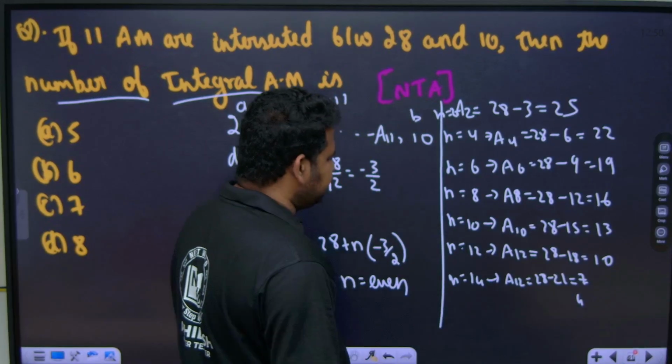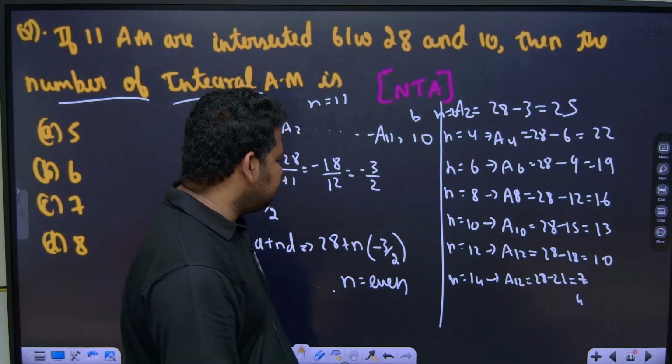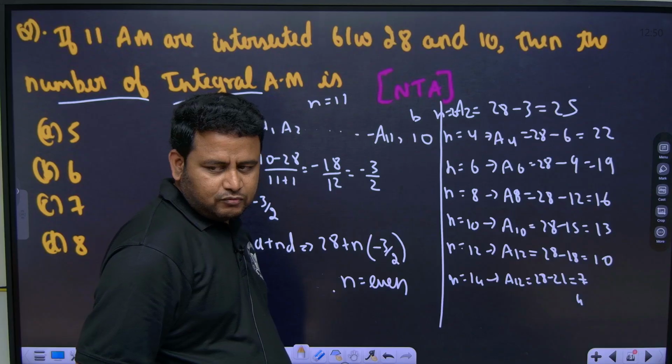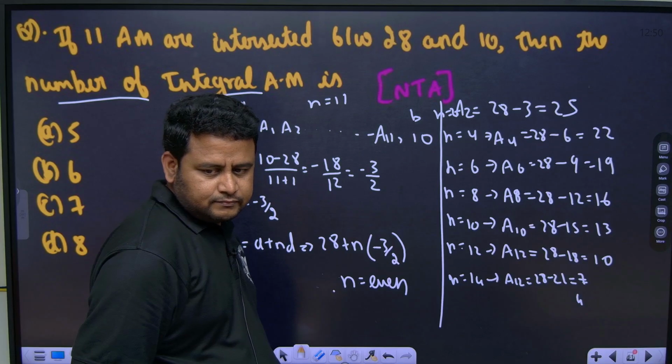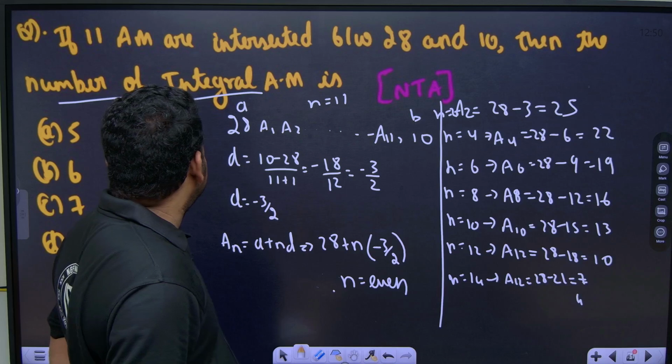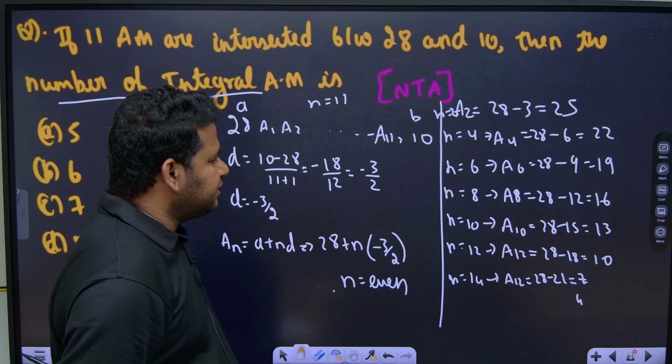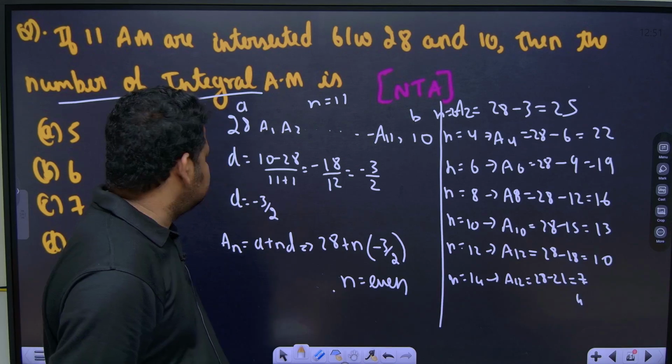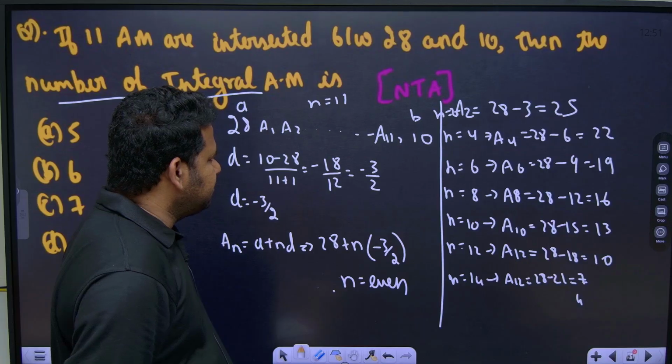So how many integral values can I put for n? Up to what can I put? Number of integral values of n.